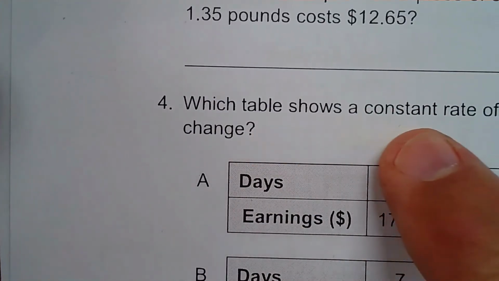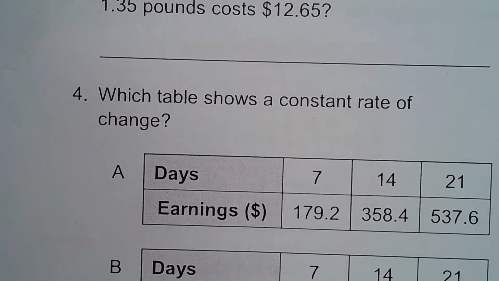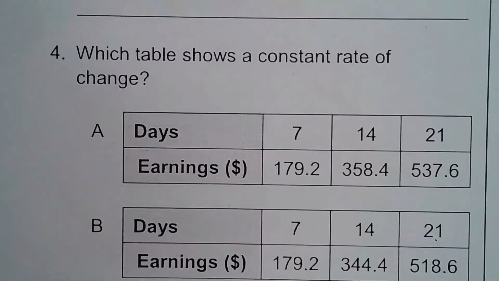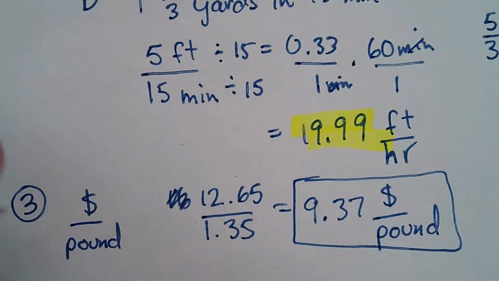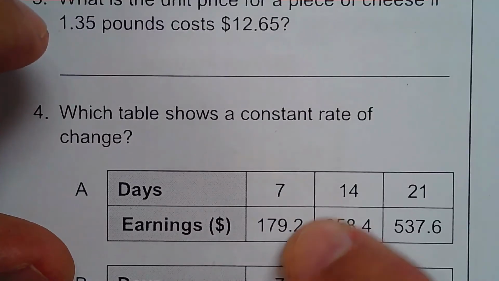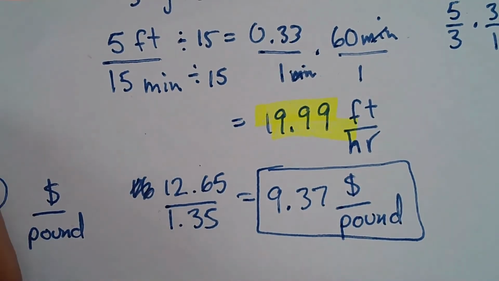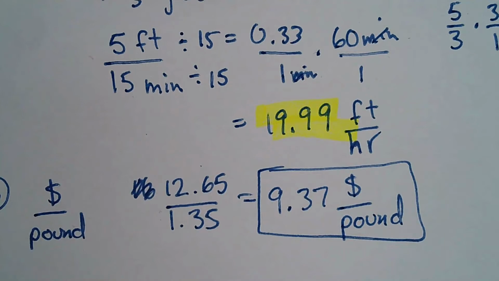Number 4. Which table shows a constant rate of change? Okay, so what I'm going to do for this one is write for number 4, it's really the y value divided by the x value. So 179.2 divided by 7 equals something.